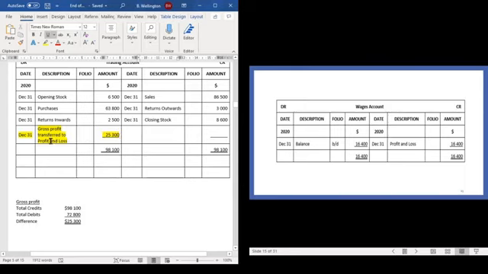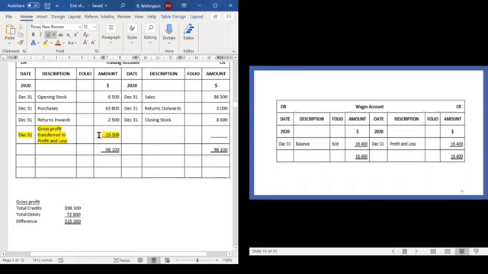But we're not going to call it a balance carried down. This is your gross profit. Okay, this difference between what you got from selling the goods and the cost of purchasing the goods is your gross profit.